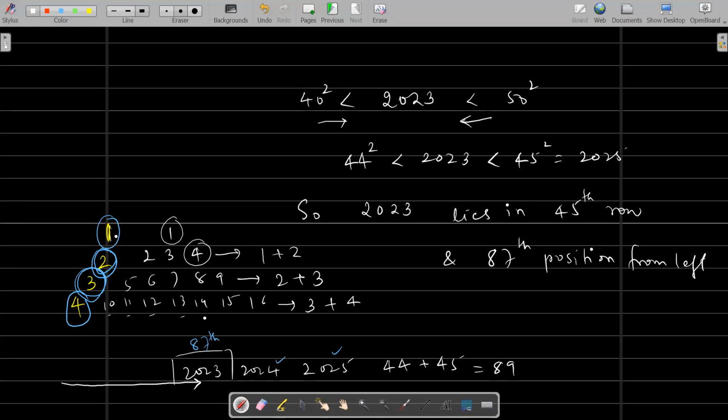So it is on the 45th row and 87th place. Yeah. Snehal, just one query. In this process, do you want to find 44 square also? No, sir. Okay.